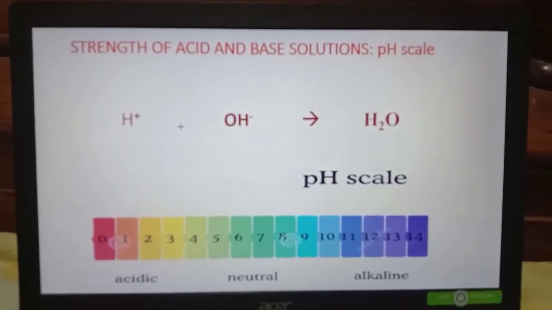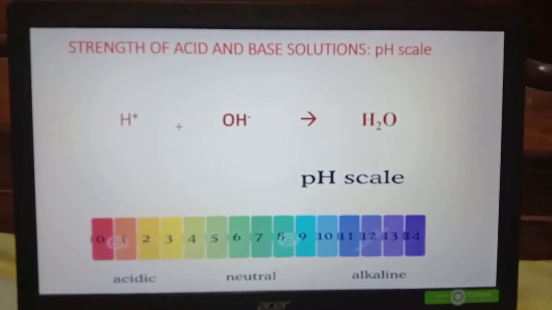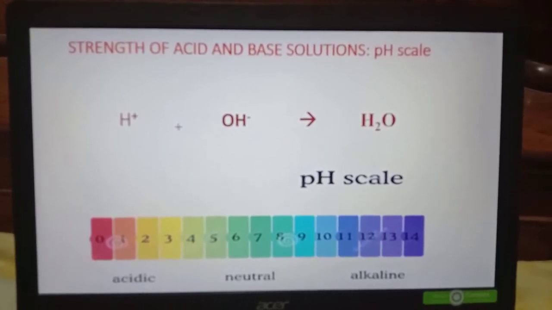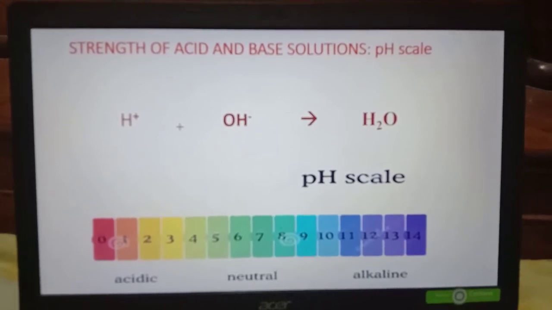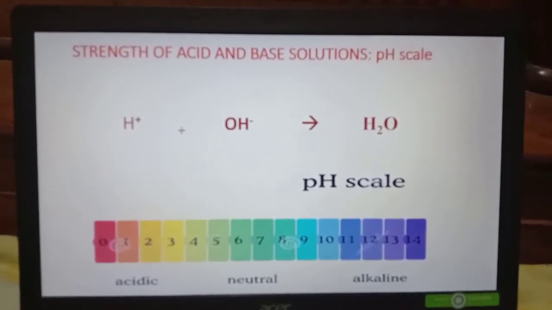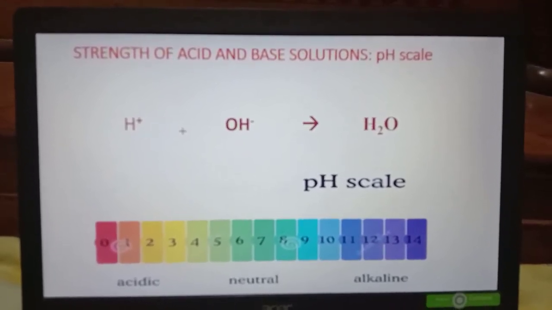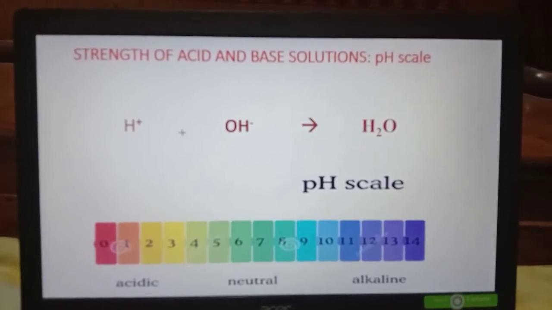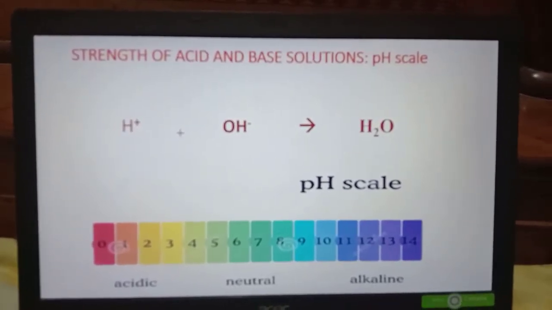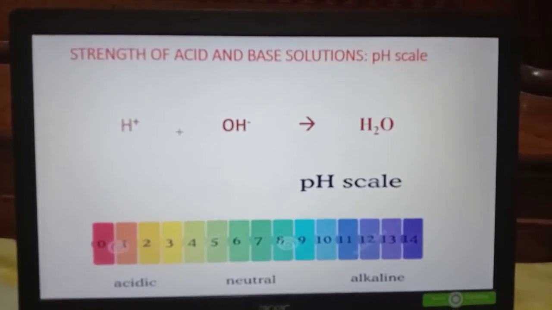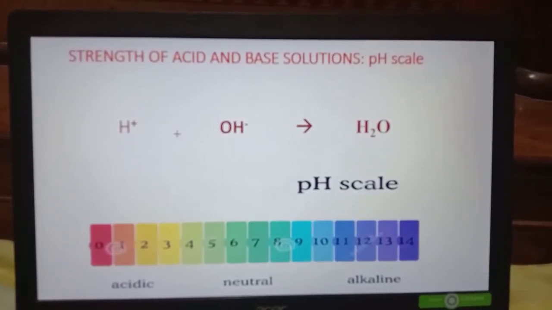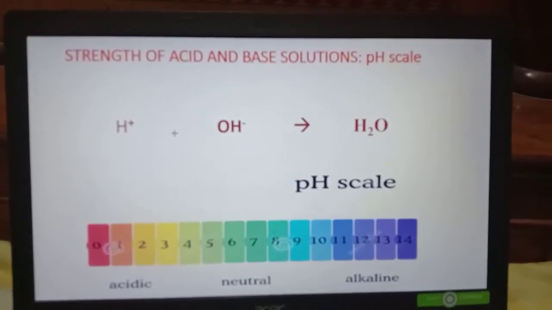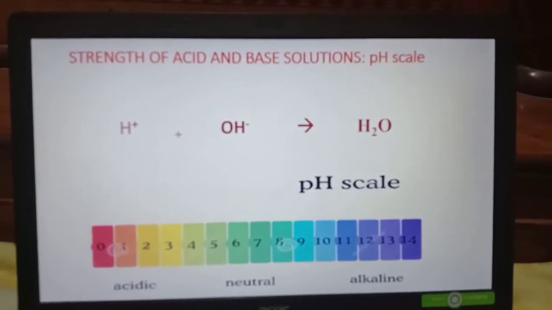Some hydrogen ions are already present in the water along with hydroxyl ions, and when I add hydrogen ions in the form of acid, the concentration of hydrogen ions becomes in excess, and due to the excess of hydrogen ion concentration, the acid shows acidic properties.